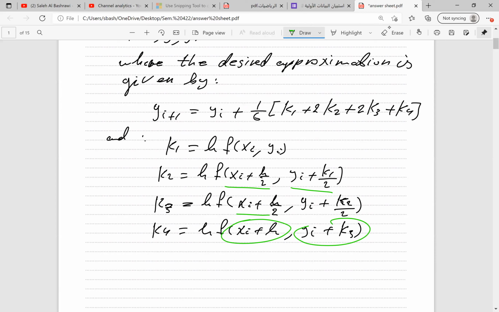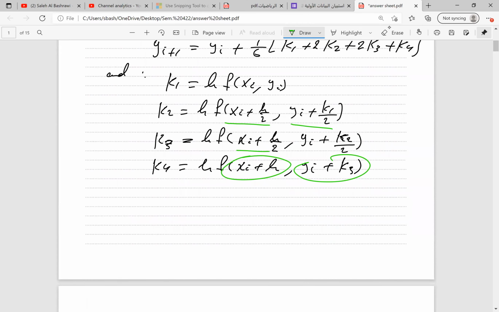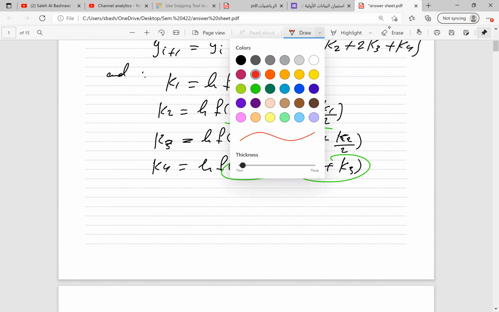It is x i plus h and y i plus k3. This is the Runge-Kutta method to find approximation for a given first order differential equation. Sometimes it is also used to find the approximation for second order differential equations. Let's have one example to explain the idea.